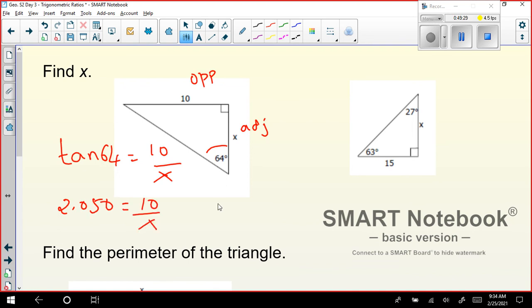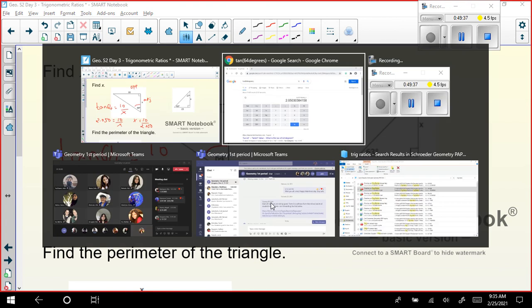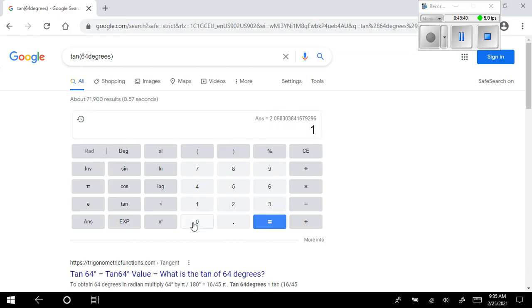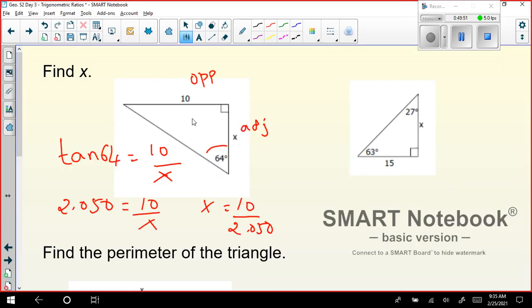So further cross multiply, you will get x equals 10 over 2.050. 10 over 2.050 gives us x as 4.878. Okay, I hope this is clear. Same way on this one, they just want this particular value. Okay, this problem is a bit trickier, so all of you please observe.